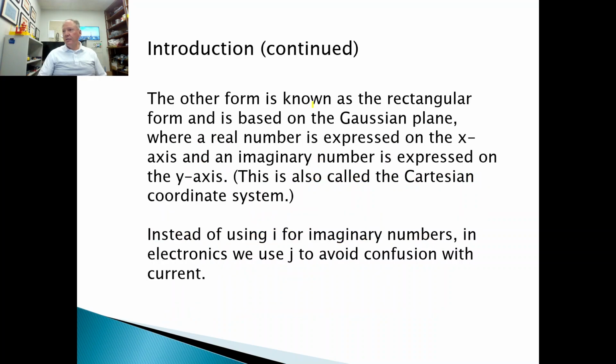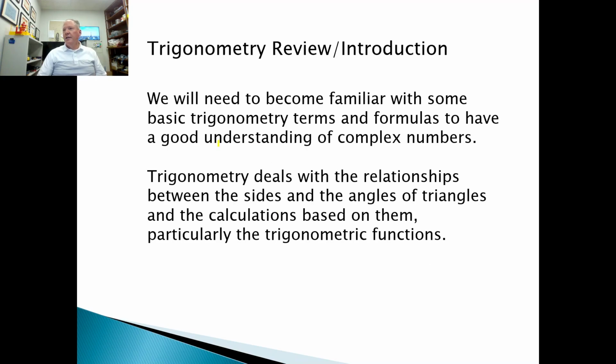We can also look at this with the rectangular form, where we can express it with the real part and the imaginary part. Okay? Now, another form is the rectangular, which is based on the Gaussian or the Cartesian coordinate system, right? The XY axis. And instead of using i for imaginary numbers, we use j for electronics. Now, we're going to need to become familiar with some basic trigonometry to do some of these calculations.